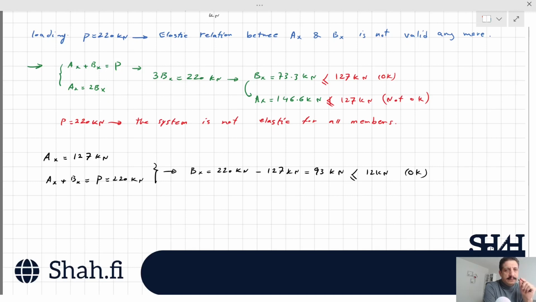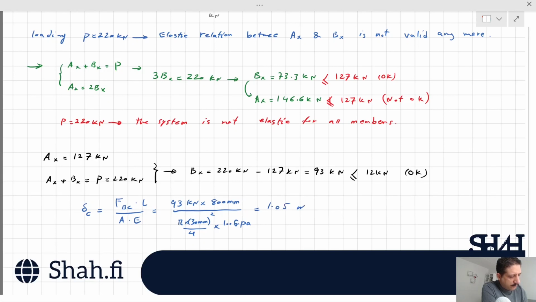As far as BC element is still in elastic phase, we can use the deformation at point C. So F BC times L divided by AE, which is 93 kilonewton times 800 millimeter divided by pi times 30 millimeter squared divided by 4 times 100 gigapascal. So this value will be 1.05 millimeter.